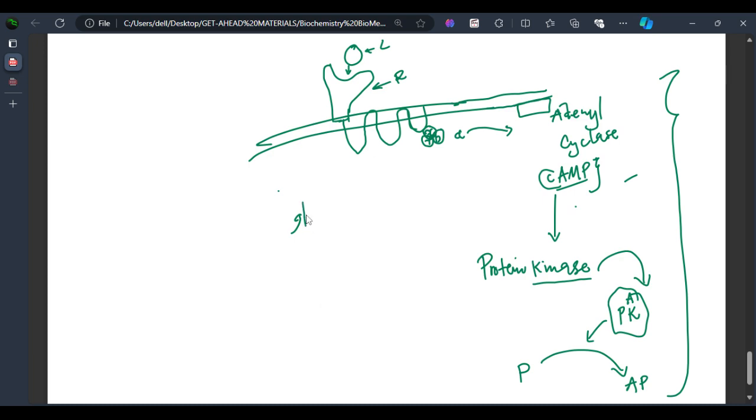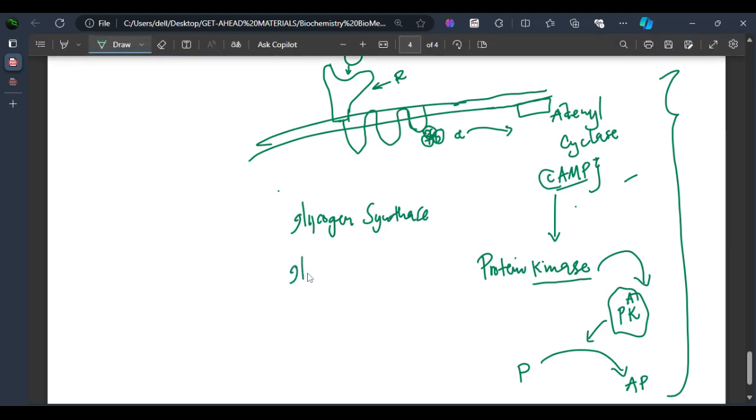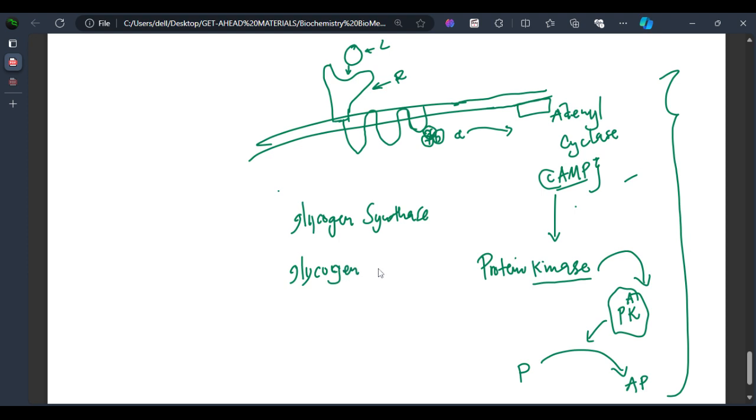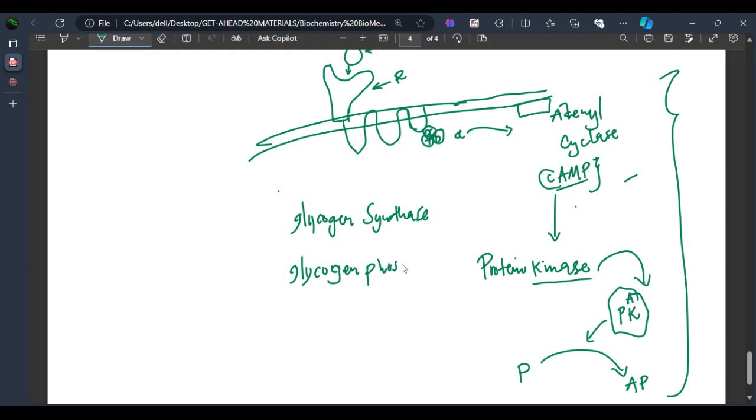It's going to inhibit glycogen synthase, while it's going to activate this enzyme, glycogen phosphorylase.